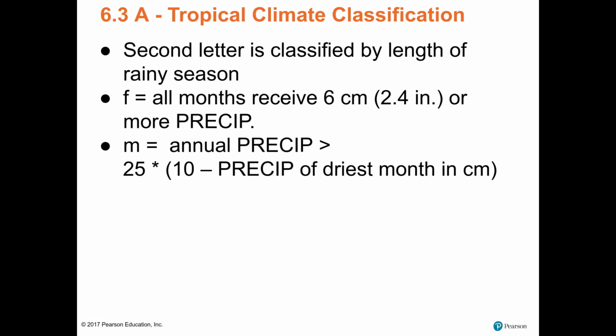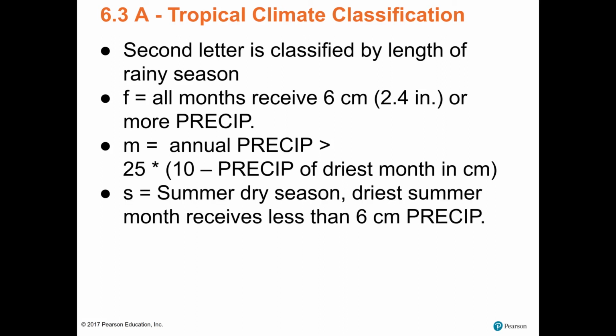So you look at the data table again, find the driest month, subtract the rainfall for the driest month in centimeters from 10, multiply that by 25, and then you compare it to annual PRECIP. If annual PRECIP is greater than 25 times 10 minus PRECIP of the driest month, it's a monsoon climate. If annual PRECIP isn't greater, then you continue down the list.